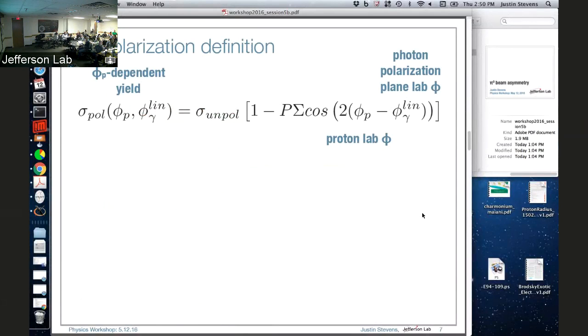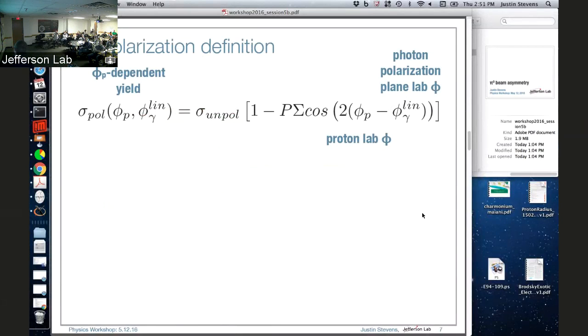All right. So while you're finishing up running the processes for the 3 different samples, let's look for a minute at the polarization definition. The polarized cross section for a process of a single meson production is really, we're going to measure this phi dependent yield, and it depends on some unpolarized cross section, and then this piece is the polarized part that depends on the photon beam polarization.